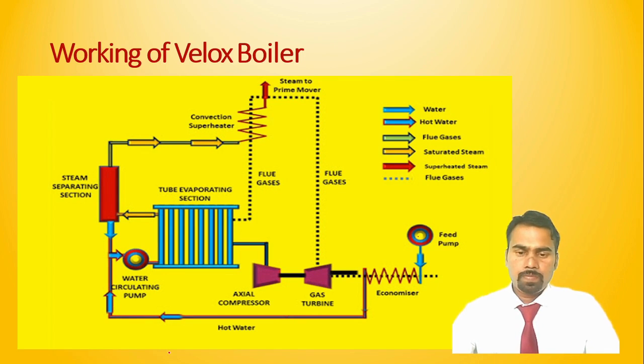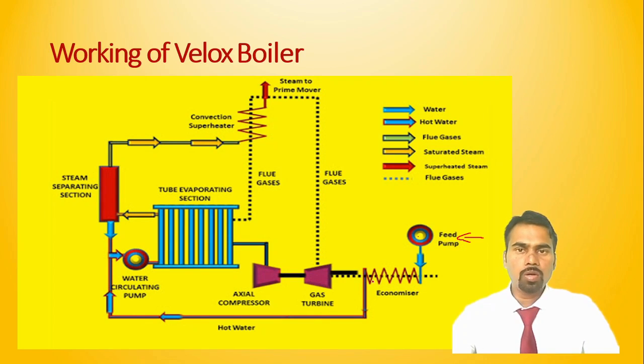First of all, combustion of the fuel takes place in the combustion chamber. Before that, see here, this is the path of flue gases. Now we send the cold water by using this feed water pump inside the economizer.